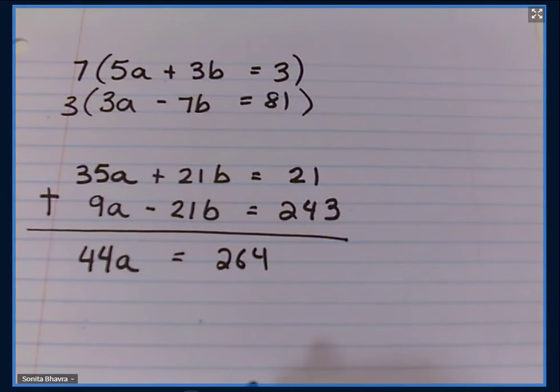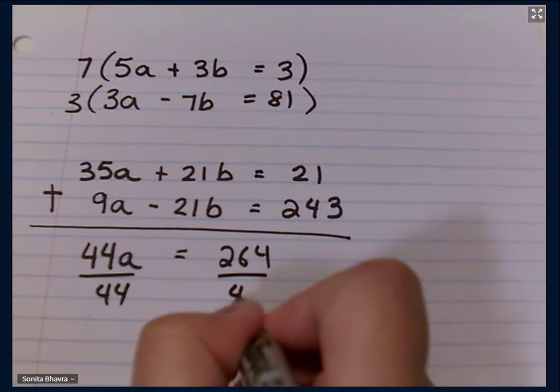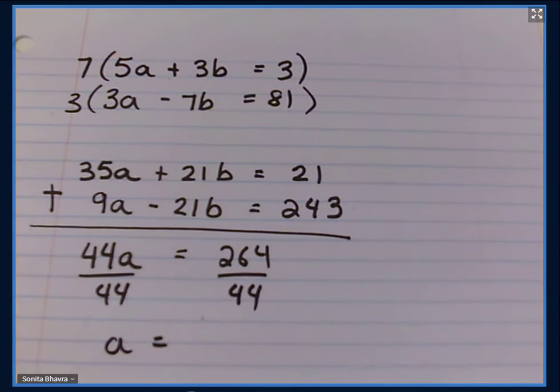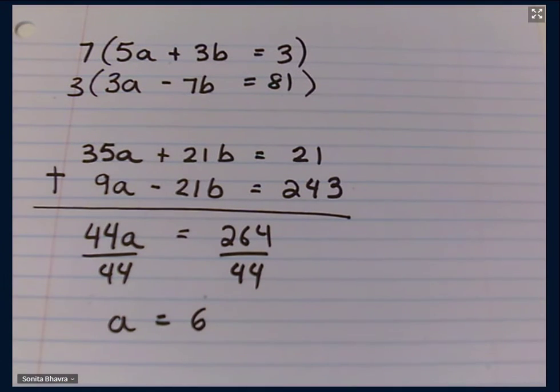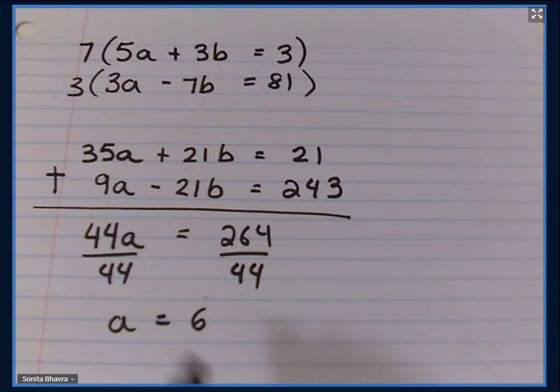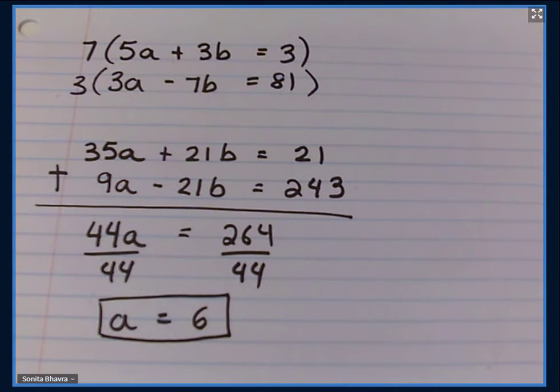Then we would just divide both sides by 44, and that gives me 6. So we've solved for a is equal to 6, and we just have to solve for b.